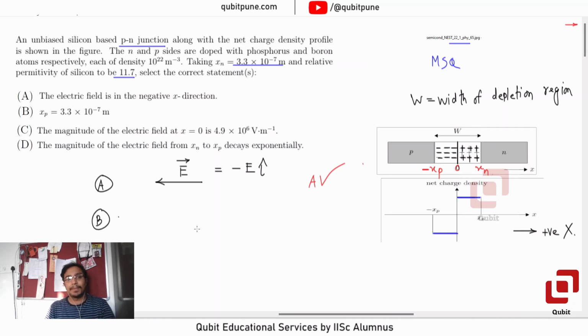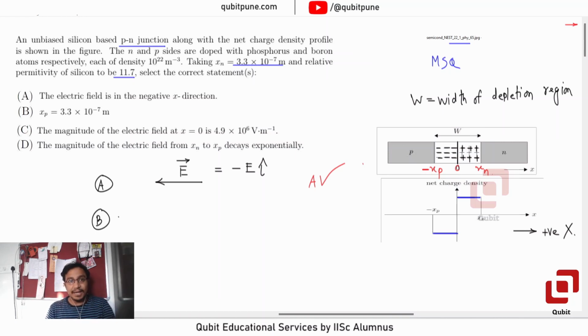Now let's come to B. In B they are saying Xp, that means the distance of the left end of the depletion region from the center PN junction, is 3.3 into 10 raised to negative 7 meters. Now here is the thing.